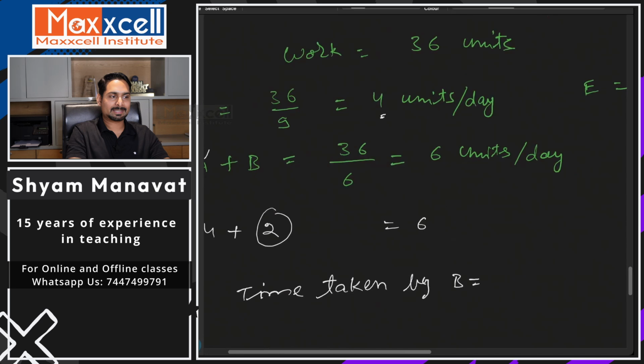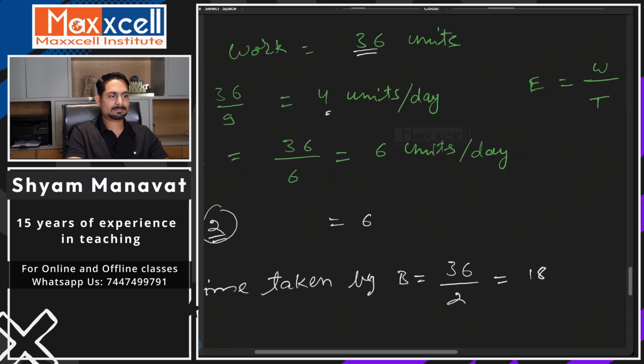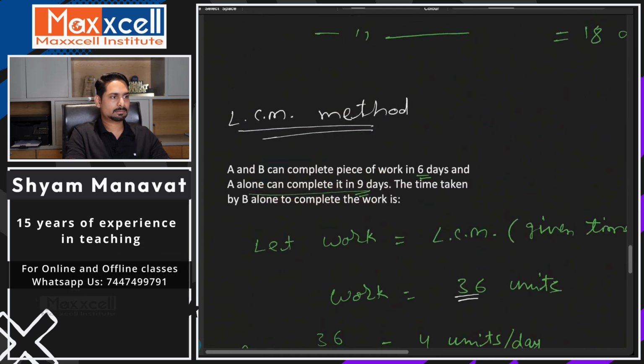So the time taken by B is work, which we assume to be 36 units, upon the efficiency of B, 2 units per day. Cancel, what do you get? 18. That is time, so 18 days, same as the previous answer.